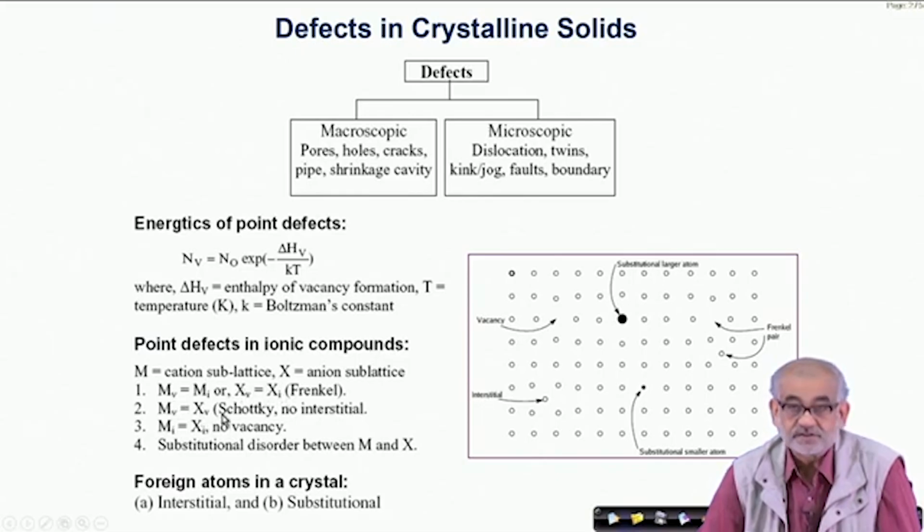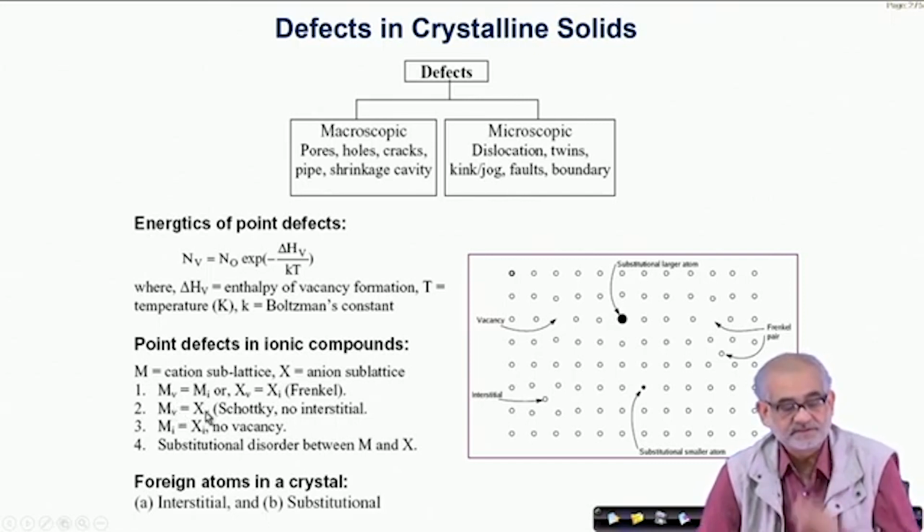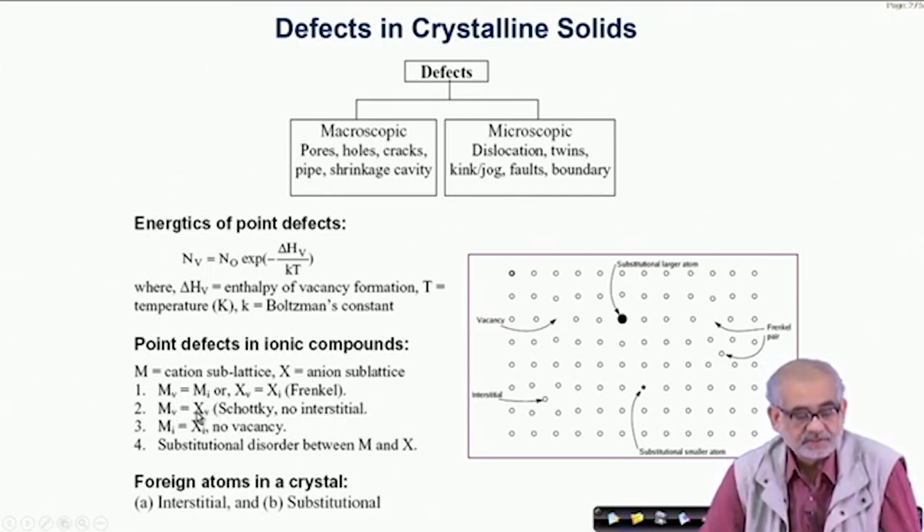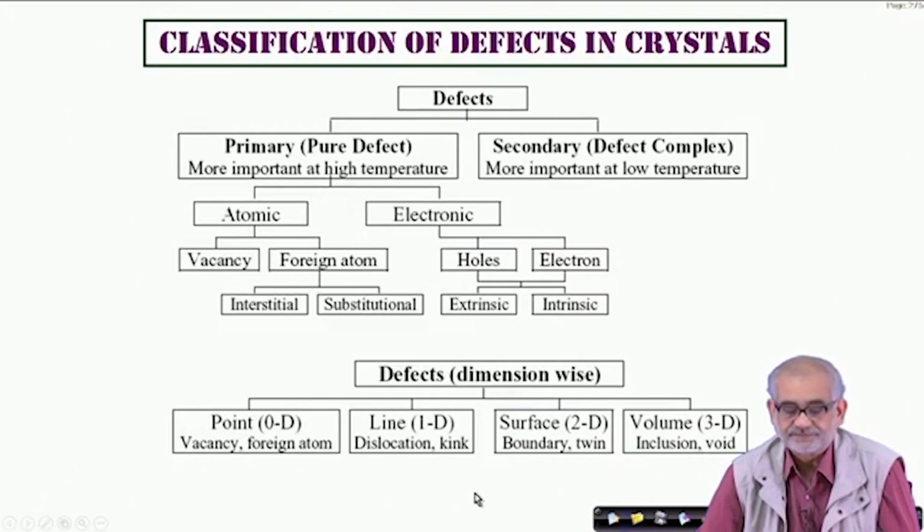In case of Schottky disorder, we have an equal number of vacancies in the cationic and anionic sublattice. We may also have a disorder coming purely because of substitution in either the cationic or the anionic sublattices. So essentially a foreign atom can go either into the interstitial position or the substitutional position.